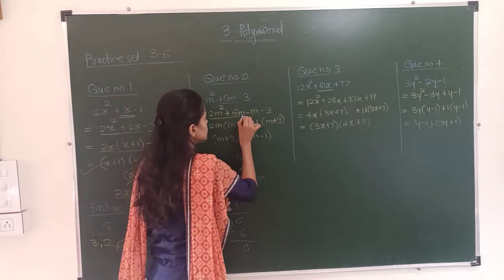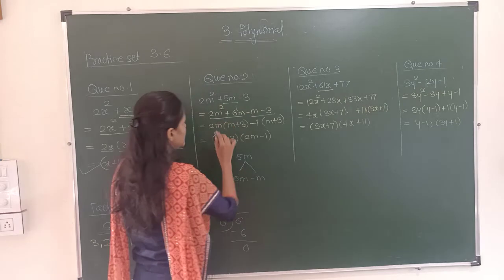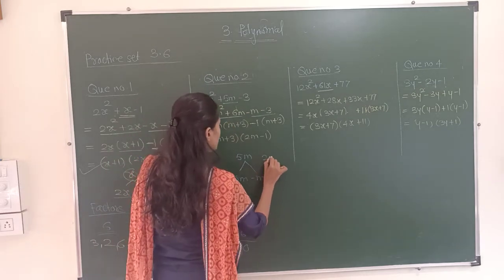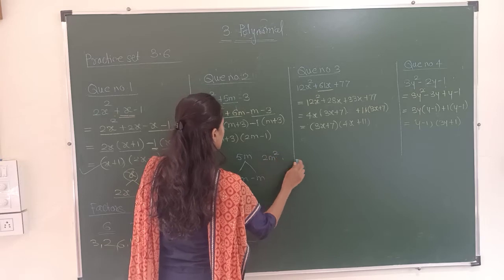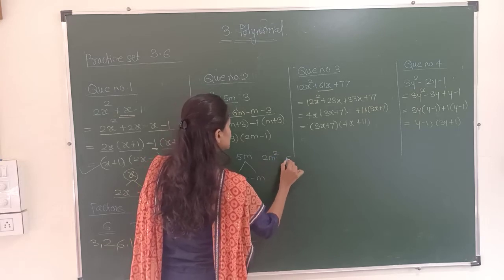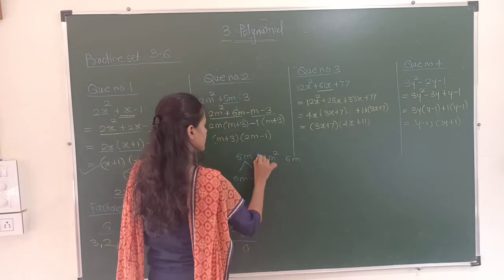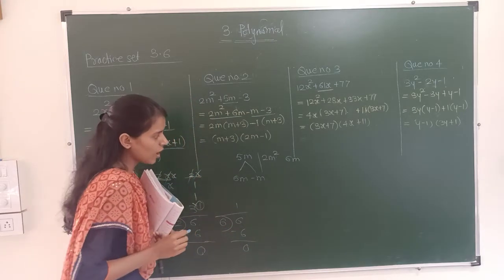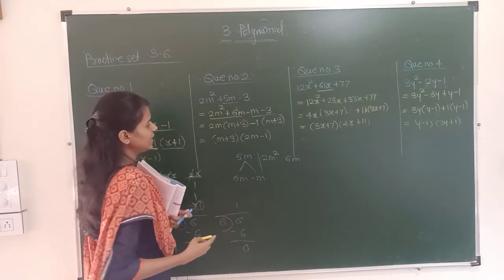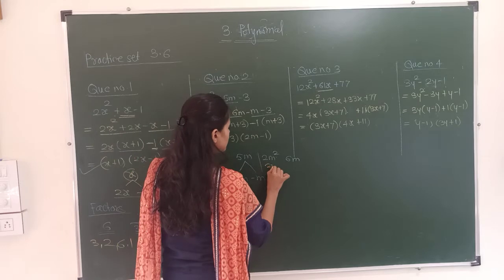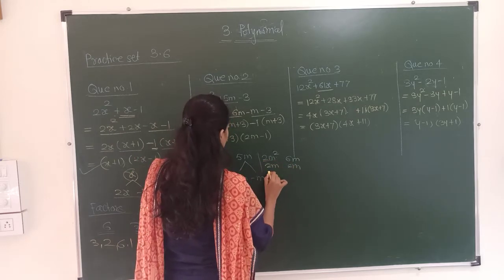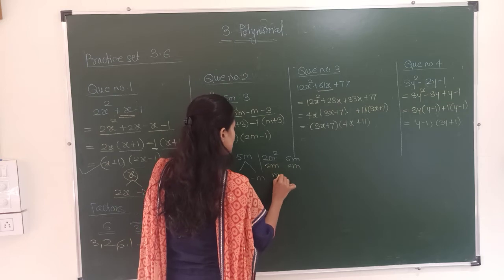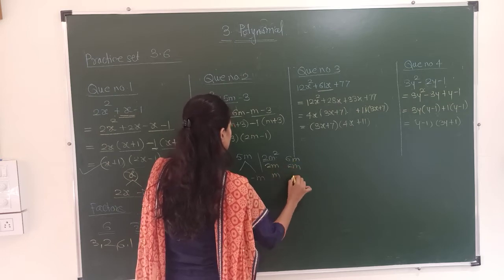Now take these two terms into account. First is what? 2m·m or 2m square, and here is 6m. Okay, 2m square and 6m. What can we take in common? We will take common 2m. So what is the remaining term? Here is m and here is 3.